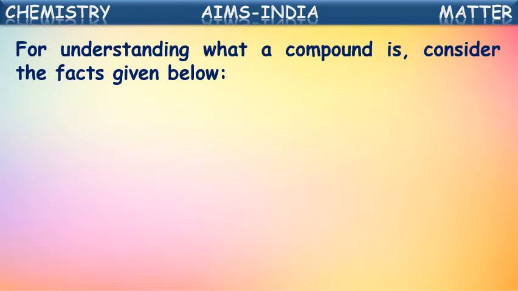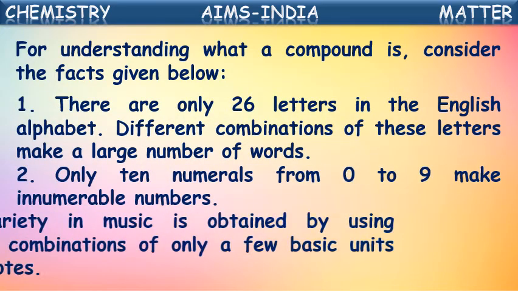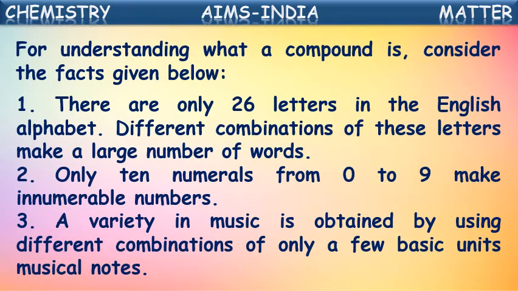Okay, see. For understanding what a compound is, consider the facts given below. There are only 26 letters in English. Different combinations of these letters make a large number of words. Only 10 numerals, 0 to 9, make innumerable numbers.